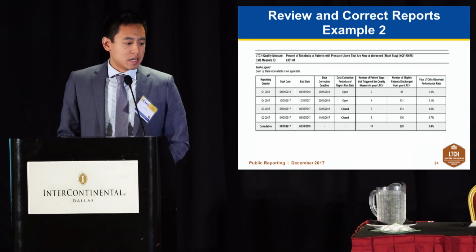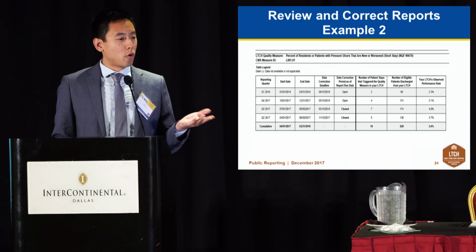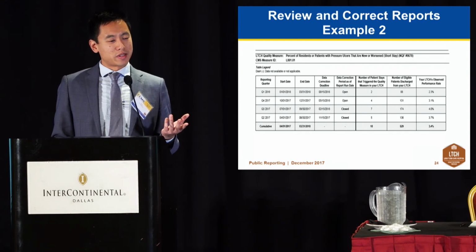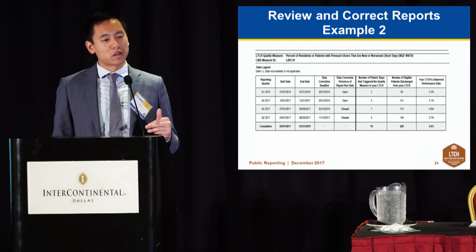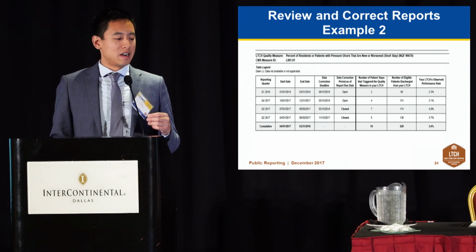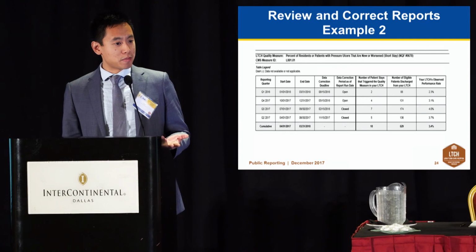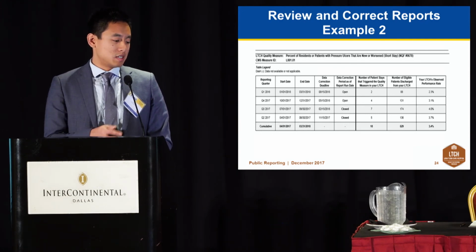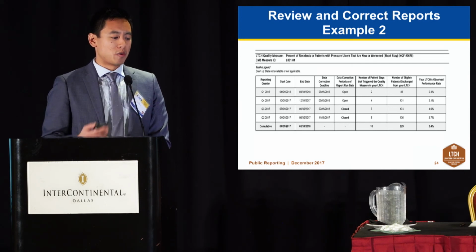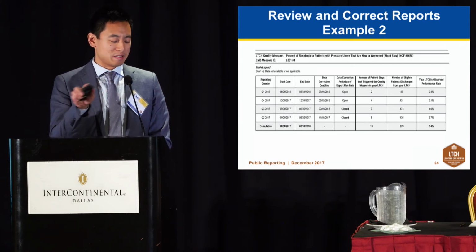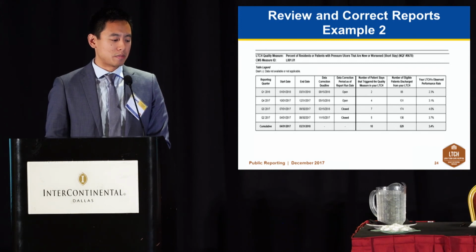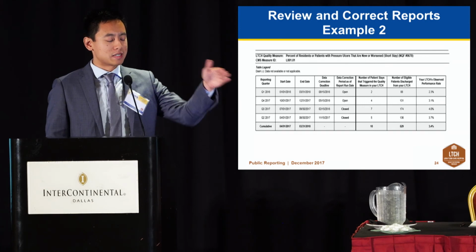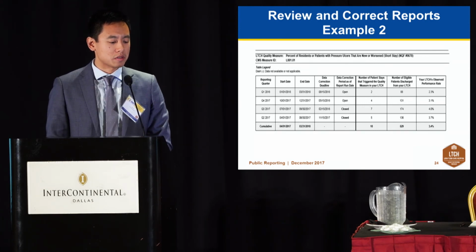And then you'll see in example 2, when Q1 2018 appears, which is released on the first day after Q1 2018 ends, so it should appear on the first business day in April. Once that is available to providers, you will see that Q1 2017 at the bottom is missing. It is gone. Q1 2018 replaces it at the top, and Q1 2017 is removed.